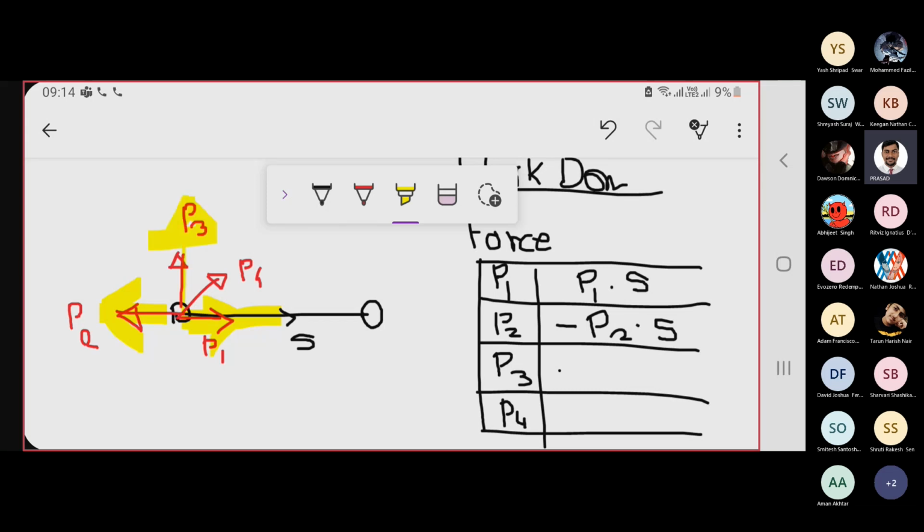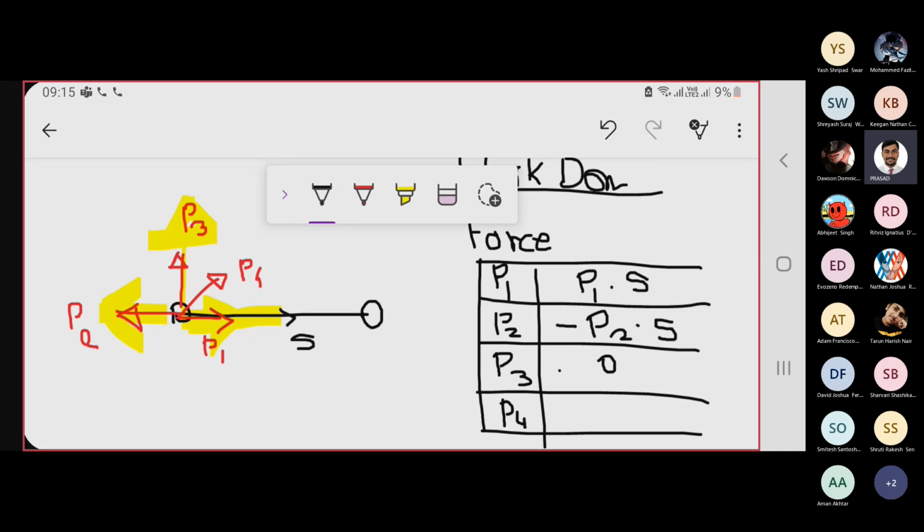Does this force P3 affect the motion of this body? No, because it is acting in a totally perpendicular direction. That's why work done is equal to 0.